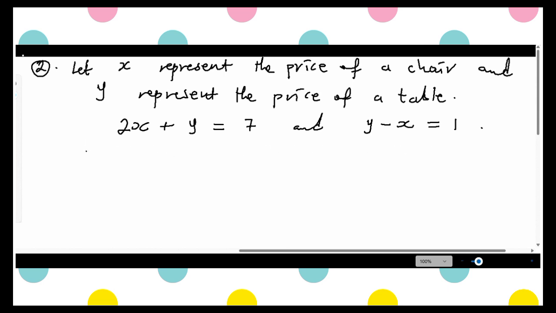So here we're going to let 2x plus y equal to 7 be our equation 1, okay, and then y minus x equal to 1 be our equation 2. So we solve these 2 equations simultaneously to find the value of x and y.